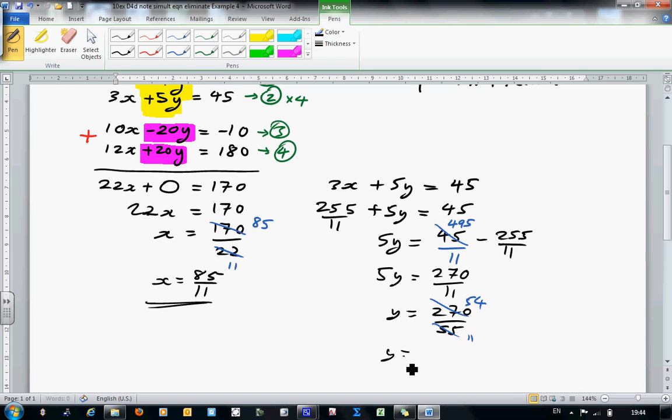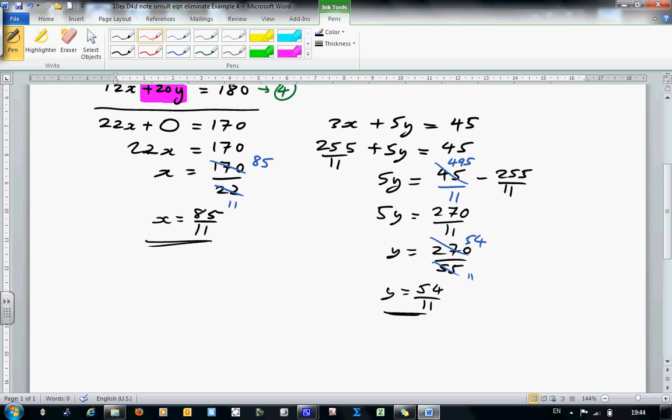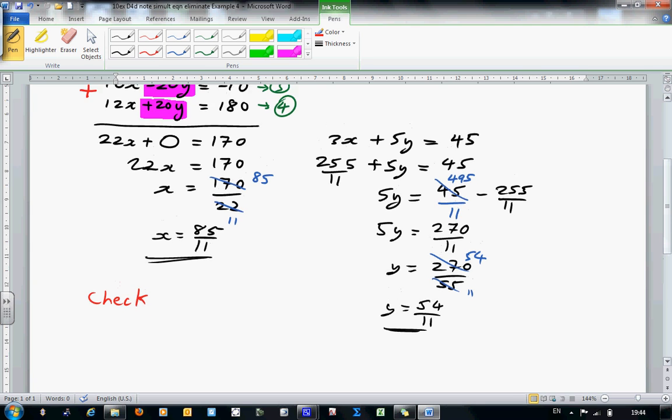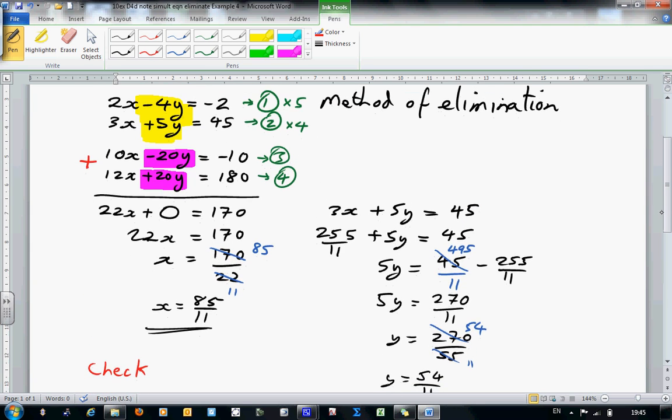I don't always have to do that, but there's nothing wrong with checking to see what the answer is going to be. So how do we check? Well, we use a different equation. 2x minus 4y equals negative 2. That's the first equation from what we started with.